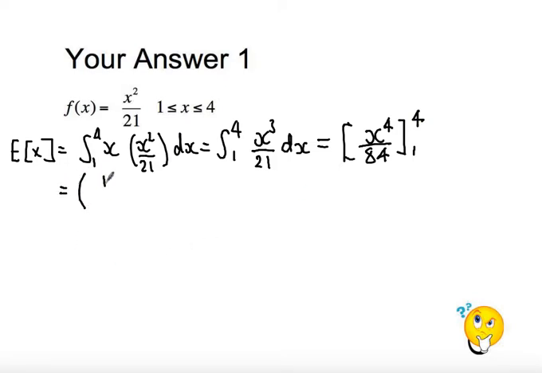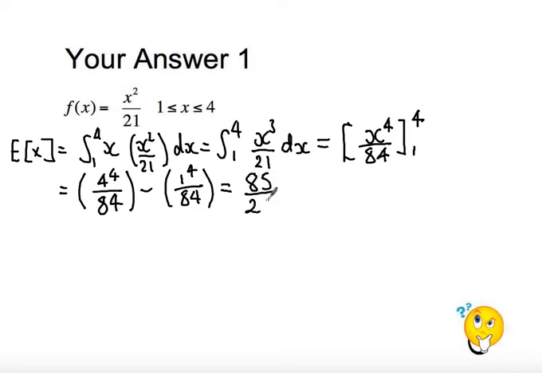Substituting in the 4, I get 4 to the power of 4 over 84 minus 1 to the power of 4 over 84. So I just type that carefully into my calculator and you should get an answer of 85 over 28. Which isn't a particularly nice decimal, so I'm just going to leave it as it is.